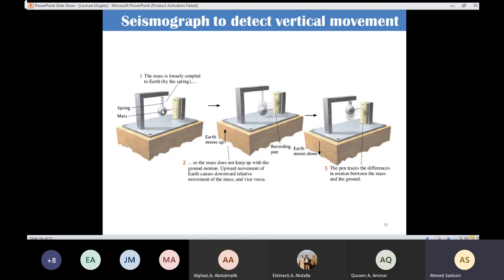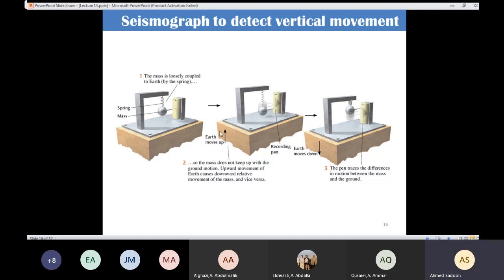The mass here is going to move accordingly. And the mass here is connected with the recording pen. And here we have a rotating drum. So when the earth moves up and down, the mass here is going to move accordingly. As a result, I'm going to have a graph showing the change in the vertical movement.